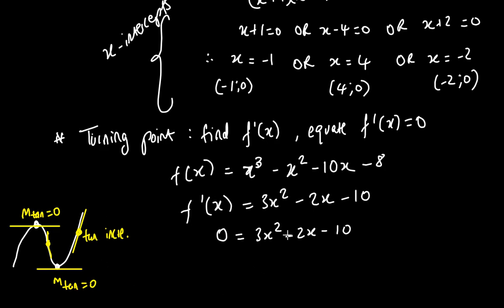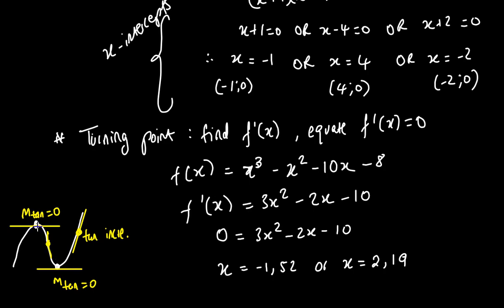So if you can apply your quadratic formula, you'll find that x is equal to negative 1.52, or your x is equal to 2.19. Okay, so you have two x coordinates. Why do we have two x coordinates?